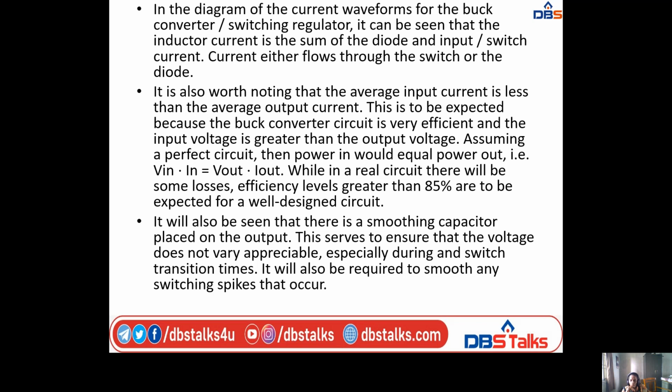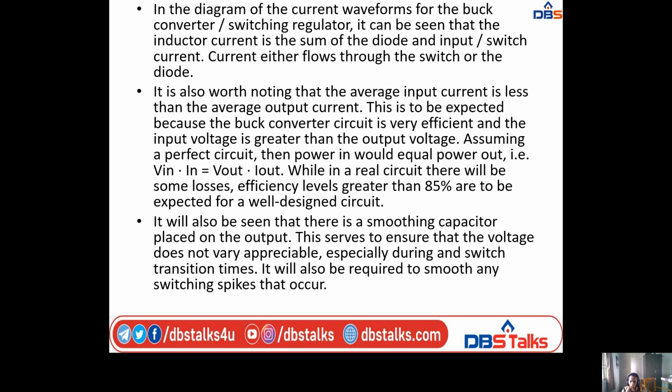For a perfect buck converter circuit, the input power will be equal to the output power. In a real circuit we have some losses, and efficiency levels greater than 80% are to be expected for a well-designed circuit.